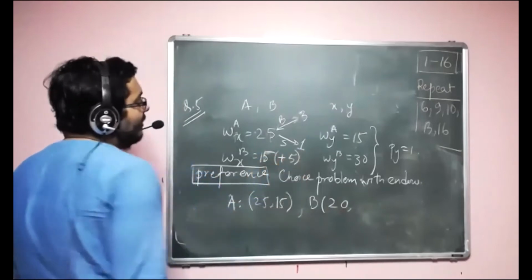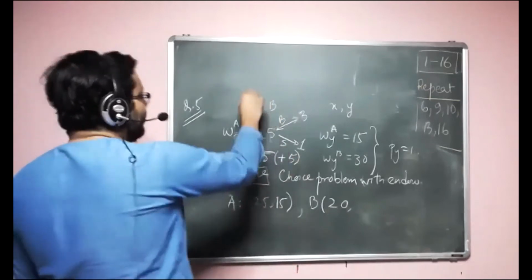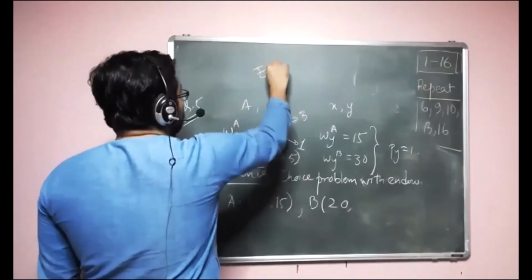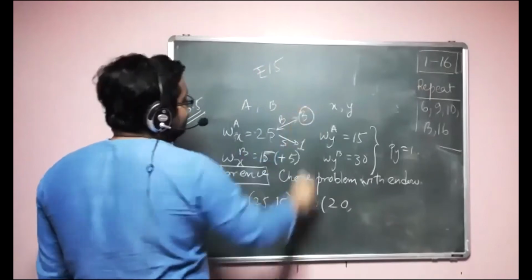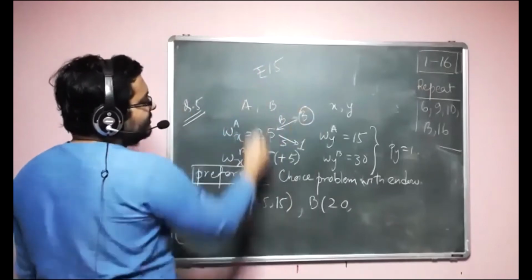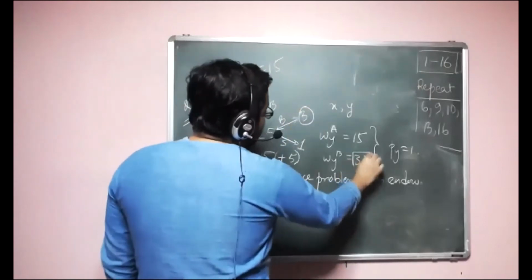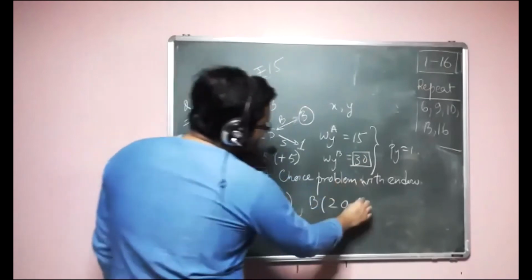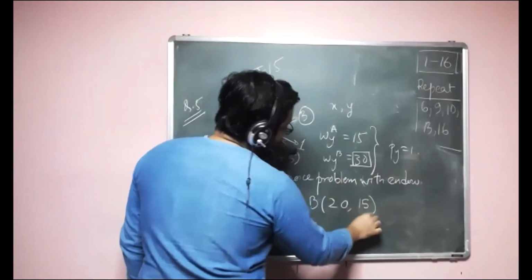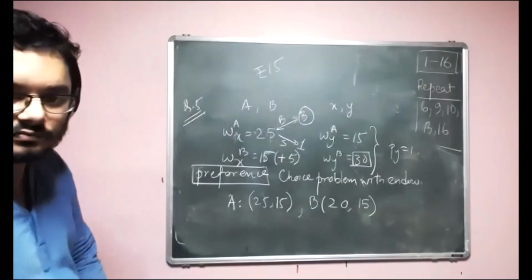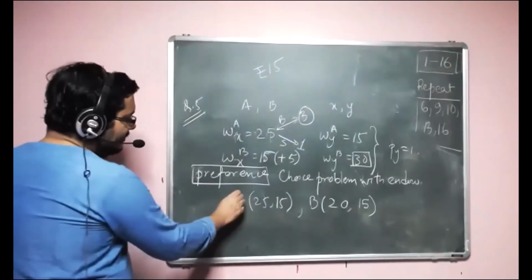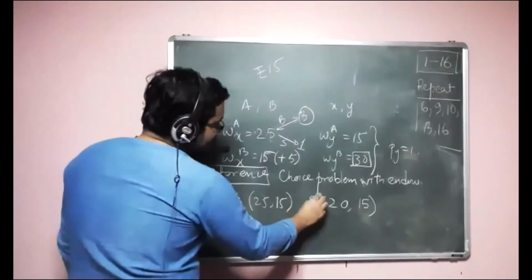For 5 more, you need 15 rupees, right? Because to buy, you need 3. For 15, you need to sacrifice 15y. So your ultimate choice point is 20, 15. So these are the ultimate choices.